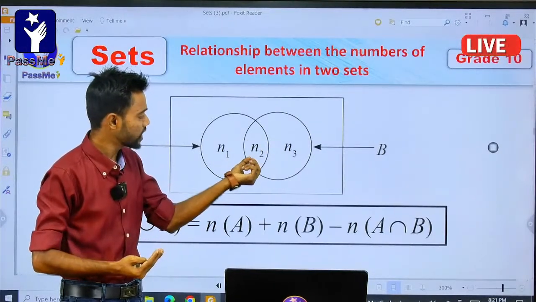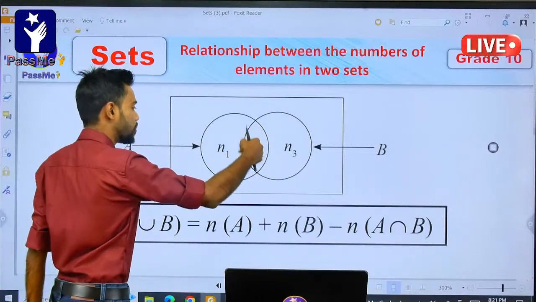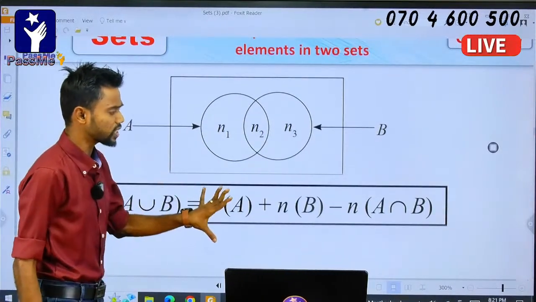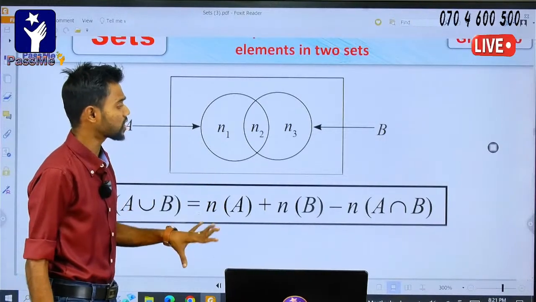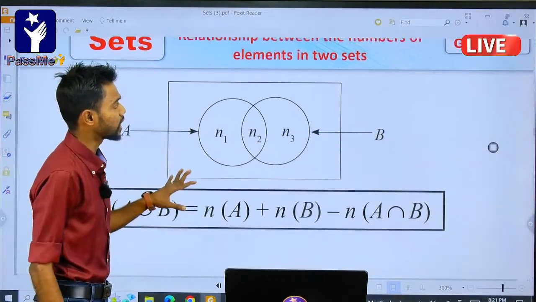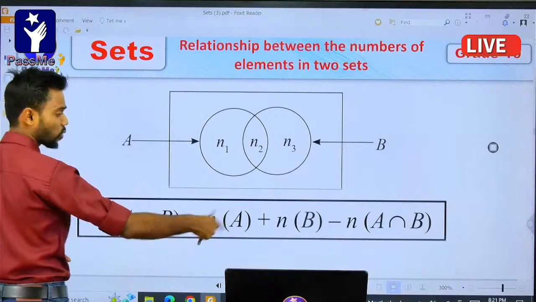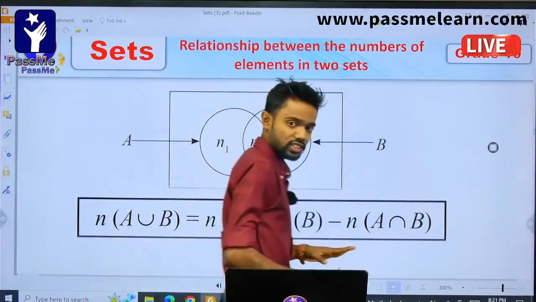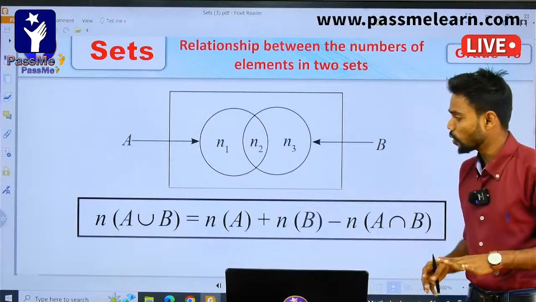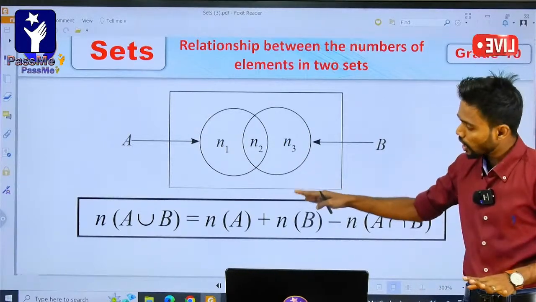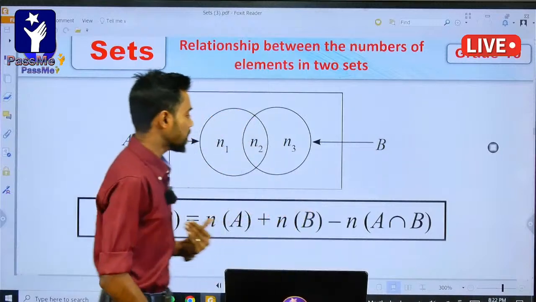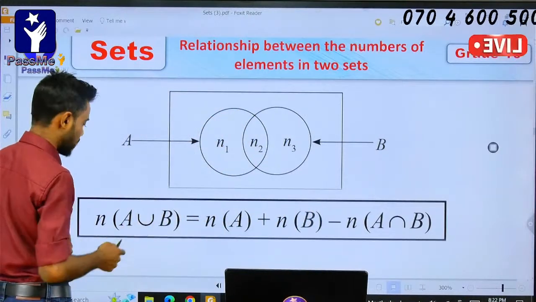That is why n2 is in the middle of this diagram. There is a relationship, one of the major relationships inside sets, so you have to remember this thoroughly. If you know this equation, you can do a lot of questions coming from this Venn diagram. So we will introduce this right now.